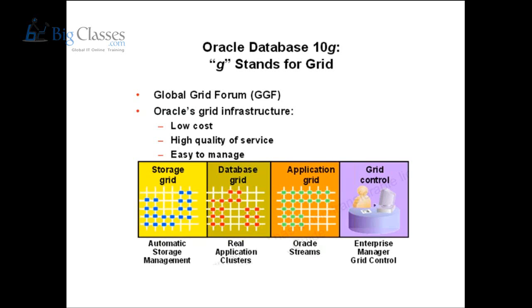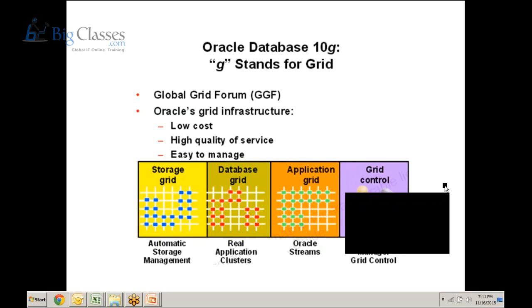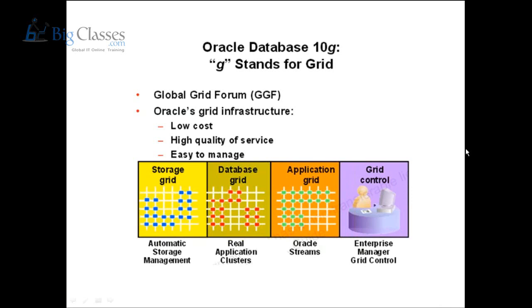Okay. So what has happened is, from earlier days, the IT operations increased, right? So when the IT operations increased, the dependency of the business process on the IT operations also increased, right?